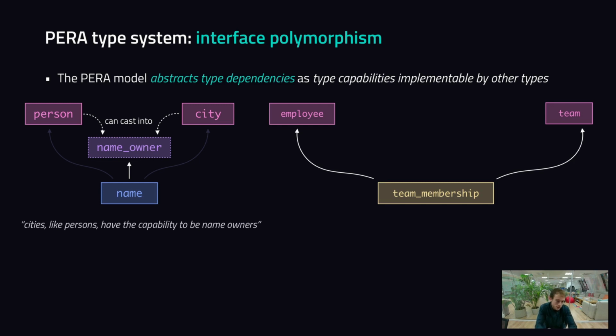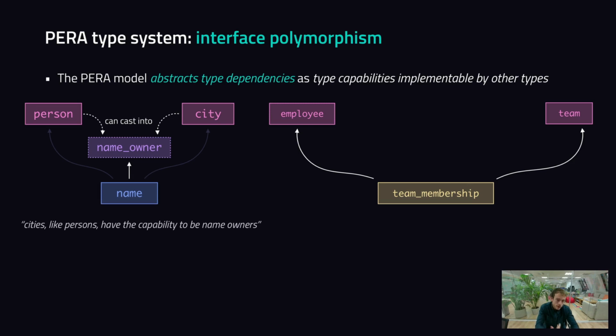The same story, almost verbatim, also applies for relation types. It was just my personal choice that I started with attribute types here. For instance, we saw a relation type earlier of team memberships which had to be instantiated with a reference to both an employee and a team that the employee is a member of.